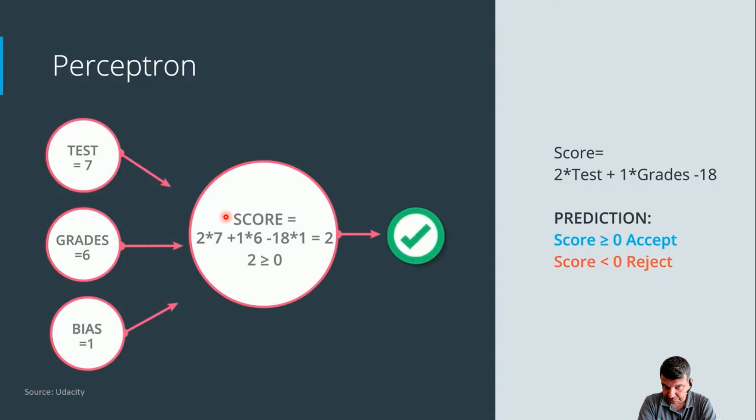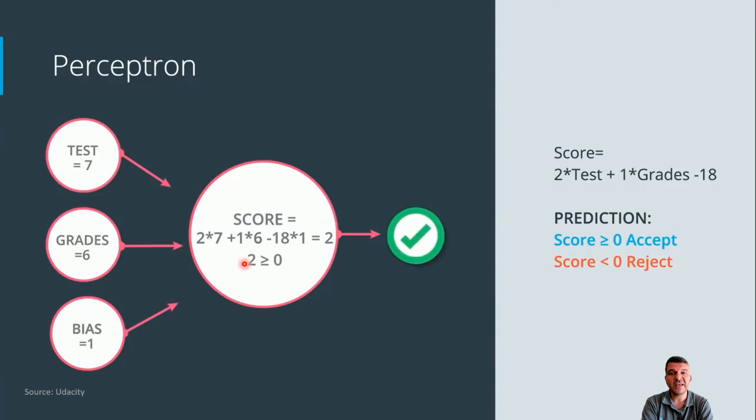Now, what we have is 2 times 7 coming here based on our weight here, which was 2. 1 times 6, minus 18 times 1 equals 2. And we say 18 minus 1 because it was 1 the input and minus 18 the weight, in case we move the bias outside together with the other inputs.